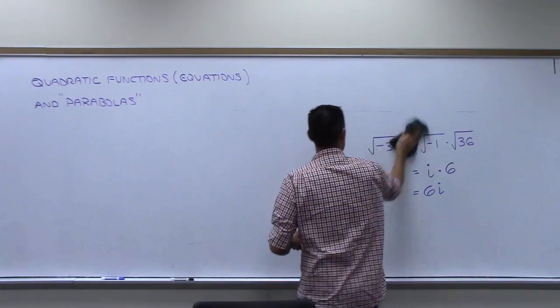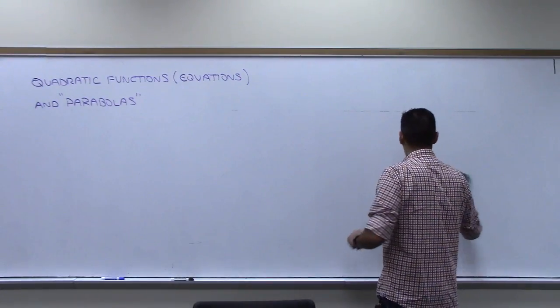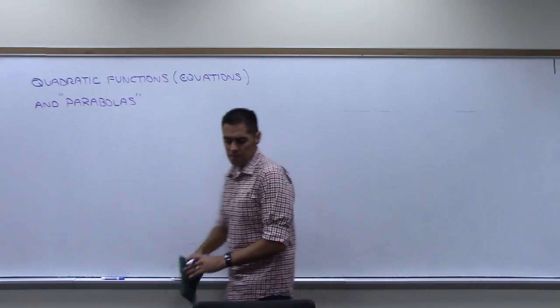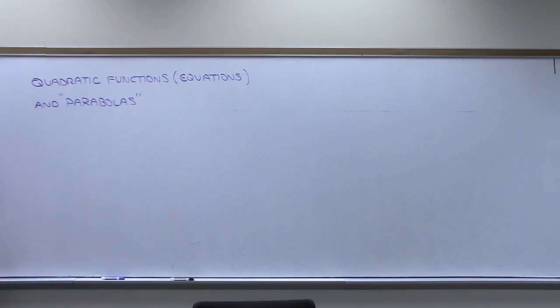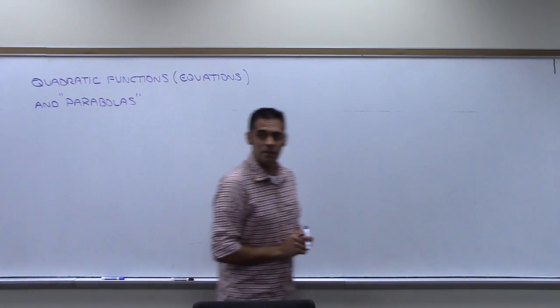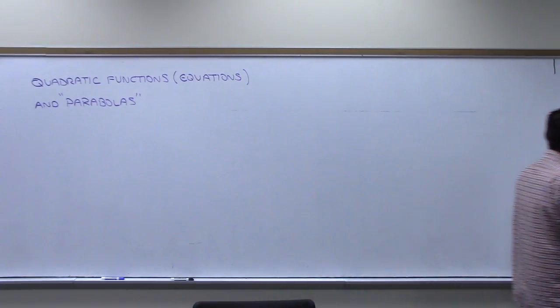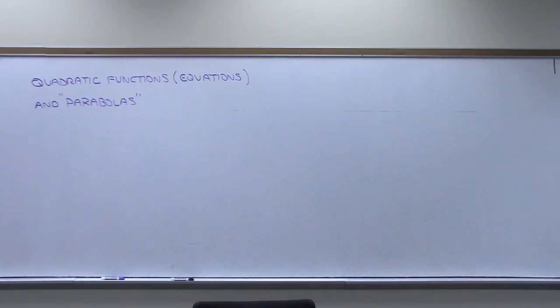We're good? All right, what were we doing last class? We finished up at the end, and we had established the formula, right? The quadratic formula, which I'll write down on the board off camera here.